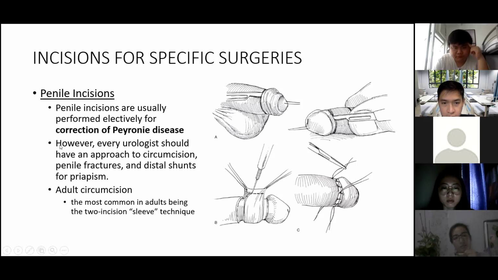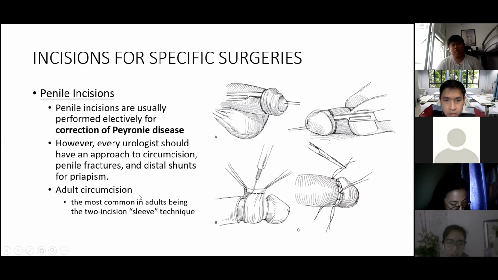However, every urologist should have an approach to circumcision and penile fractures and injuries. For adult circumcision, the most commonly used is the two-incision sleeve.